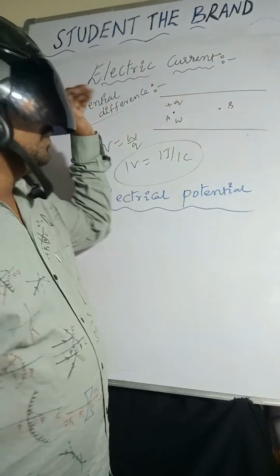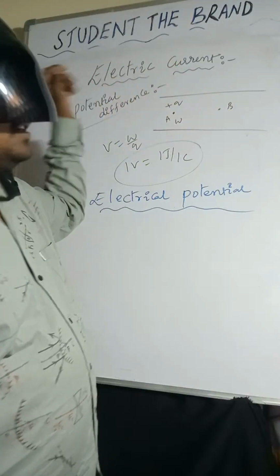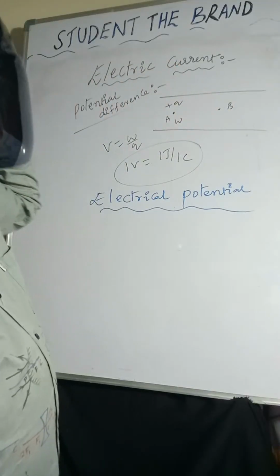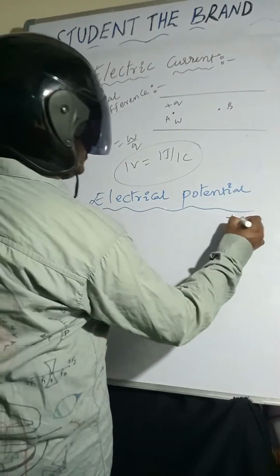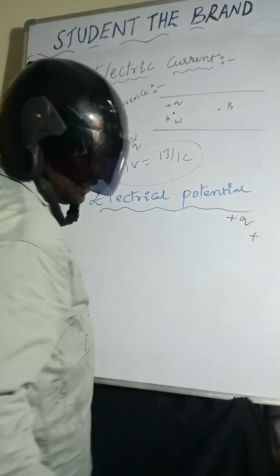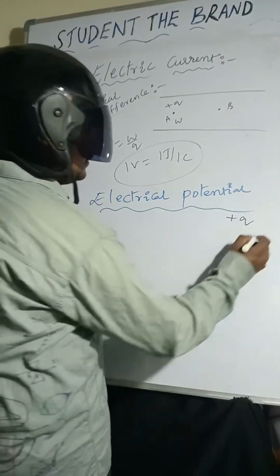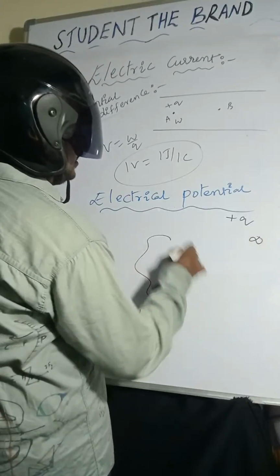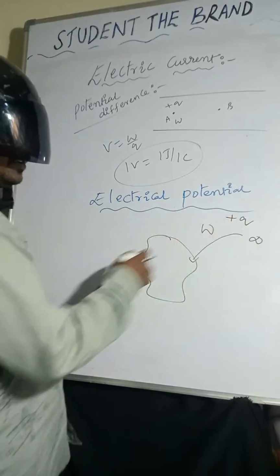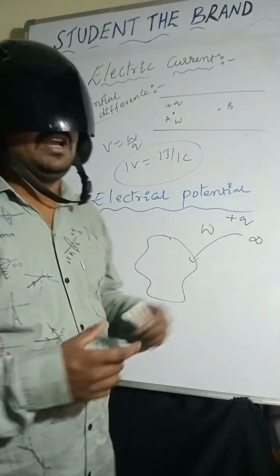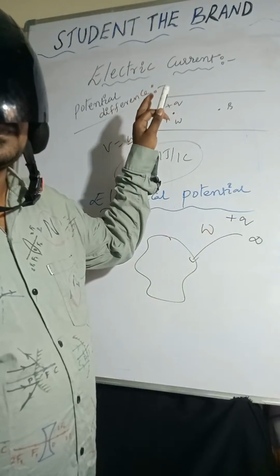Now I am taking the positive charge. This is infinity. We are doing some work to bring a unit positive charge from infinity to the required field, which is called electrical potential.